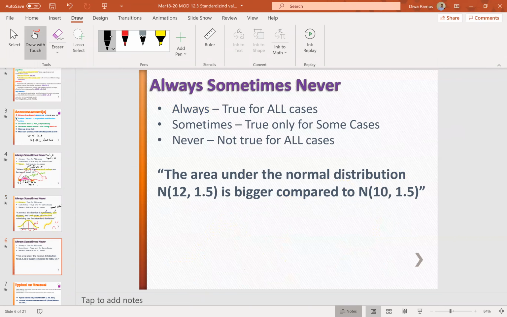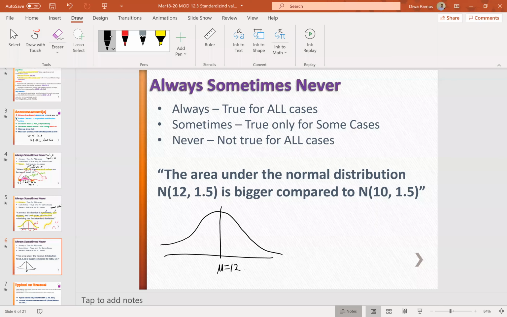Okay, so the area. This one is more of a concept type of question. The area under the normal distribution N(12, 1.5) is bigger compared to N(10, 1.5). So we do have a normal distribution. It does have a center, mu equals 12.